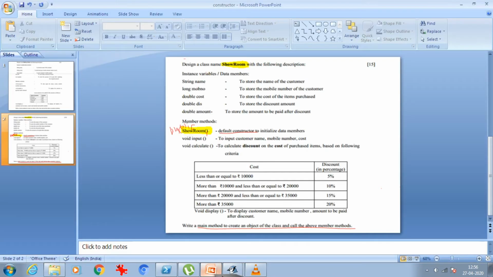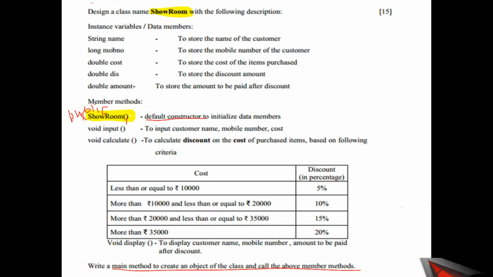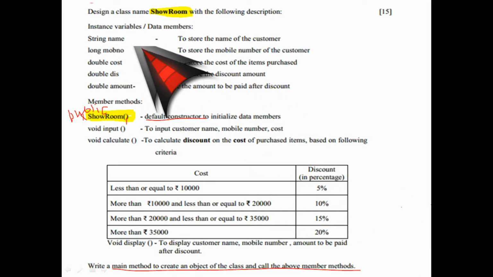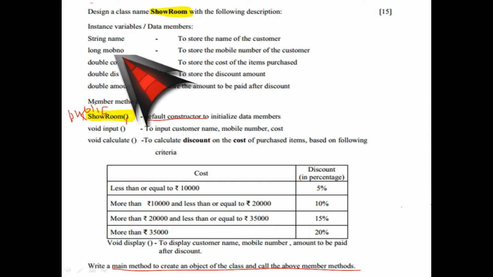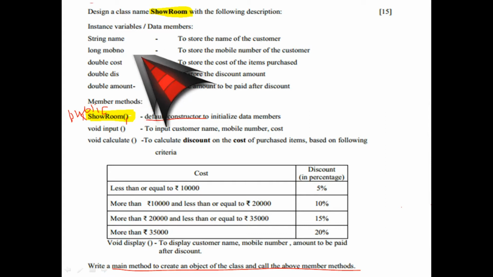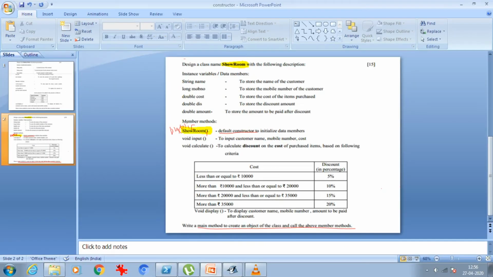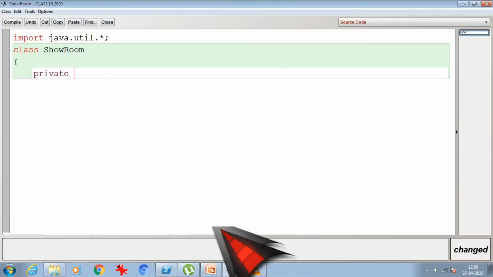Okay, now the private variables that are present. Let's look at the private variables. I have name as string, long as mobile number. First I have private String name, then I have private long mobno, exactly the same.